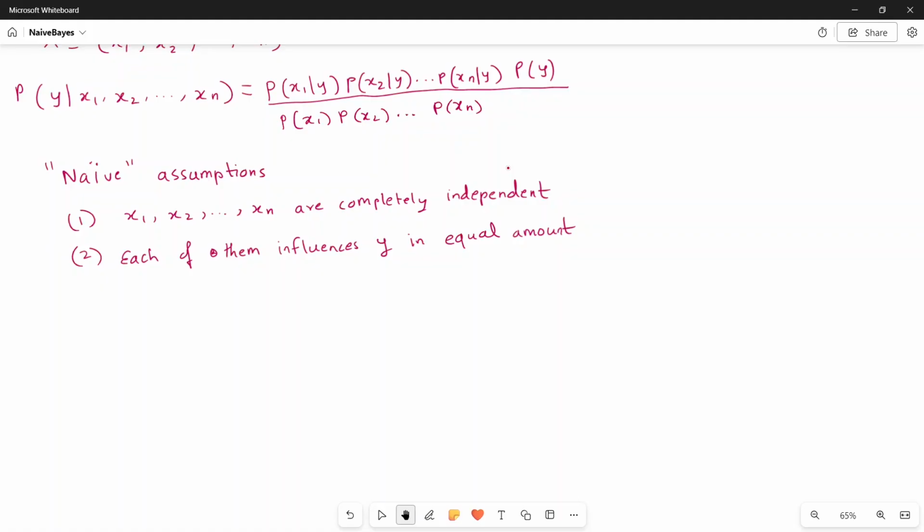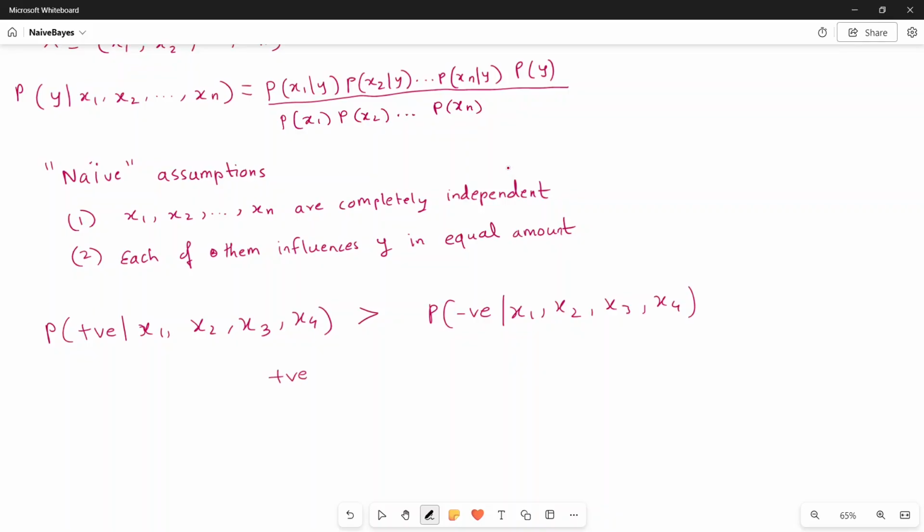What is the probability that the result is positive given, let's say, x1, x2, x3 and x4 values, and what is the probability that the outcome is negative given the x1, x2, x3 and x4 values, if there are 4 features? If this is greater, we'll predict that the label will be positive, and if this is greater, we'll predict that the outcome is negative, that is, the prediction will be negative.